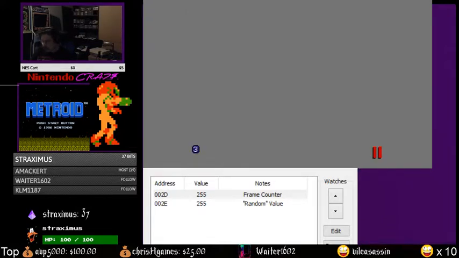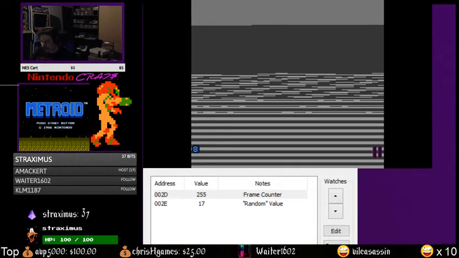I'm going to draw your attention first to the memory address 002E. On this particular frame, you'll notice that this value becomes initialized by the ROM itself.